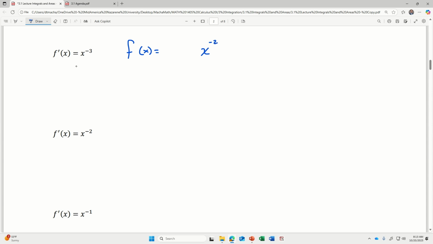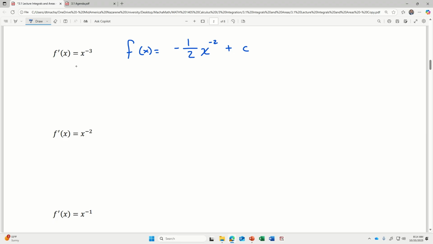And then we're going to divide by that. So whenever I bring down the negative 2, it becomes negative 2 over negative 2, and then the negative 2 becomes a negative 3, and that works out perfect. So you can also write that minus sign in front and say negative 1/2 x to the negative 2 power. Plus c, right? So you can always add a constant and it doesn't mess up my derivative.